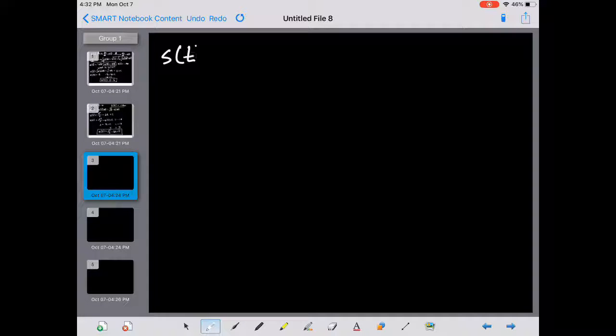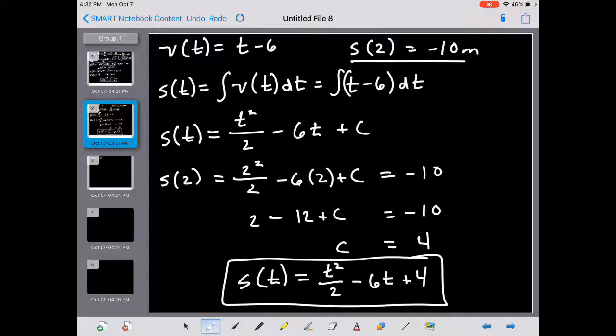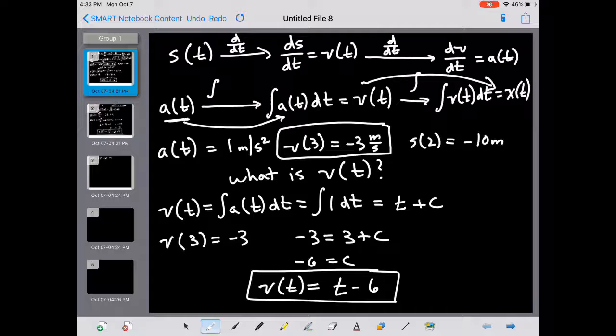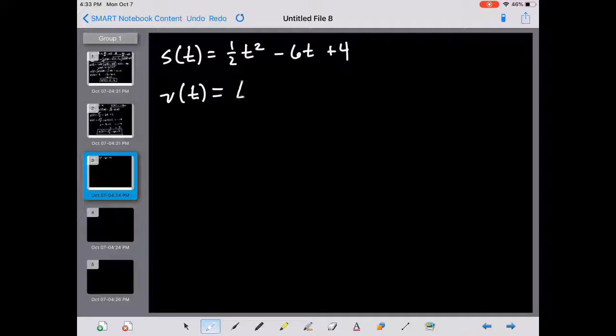So now I've got s of t is equal to 1/2 t squared minus 6t plus 4, v of t is equal to t minus 6, and a of t is equal to 1.